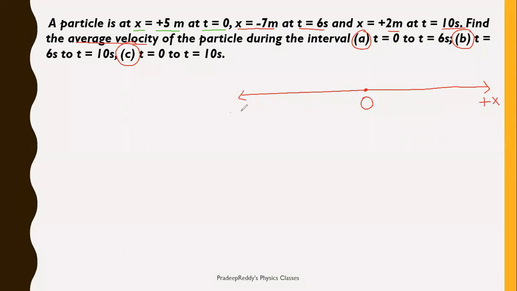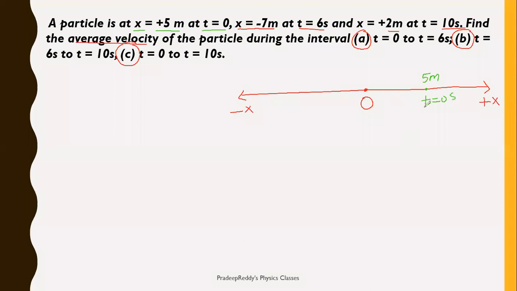This is the negative x-axis. Now, what he is giving in the problem: x is equal to 5 meter at t is equal to 0 second. At t is equal to 0 second, the body is at 5 meter. Now, let me consider this as plus 5 meter. And this is at t is equal to 0 second.